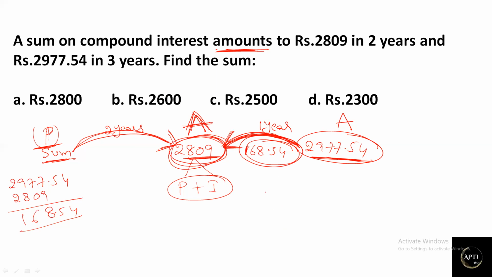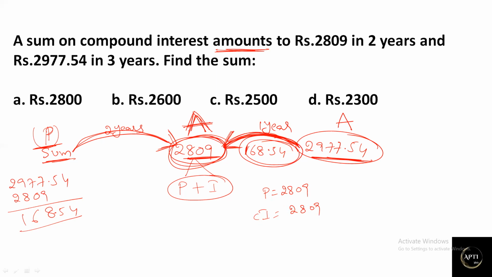Okay, we know that the principal amount will act as 2809, only for this particular instance. Now what is the interest here? Why I'm taking that it is compound interest or simple interest means it is only 1 year. For 1 year either simple interest or compound interest is the same.